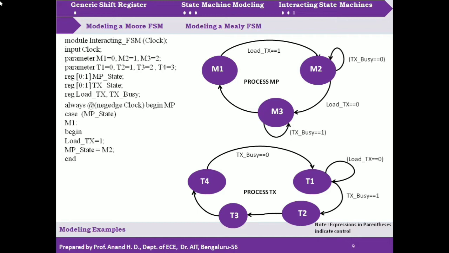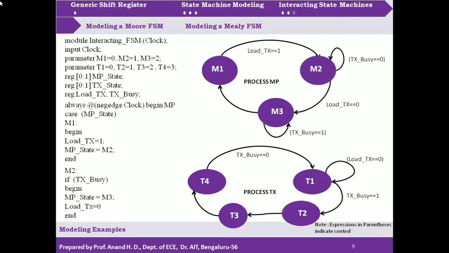The first state here is M1. Whenever it is in state M1, it is going to make the load_TX signal high, and there will be a state transition from M1 to M2. The next thing is we need to model state M2.